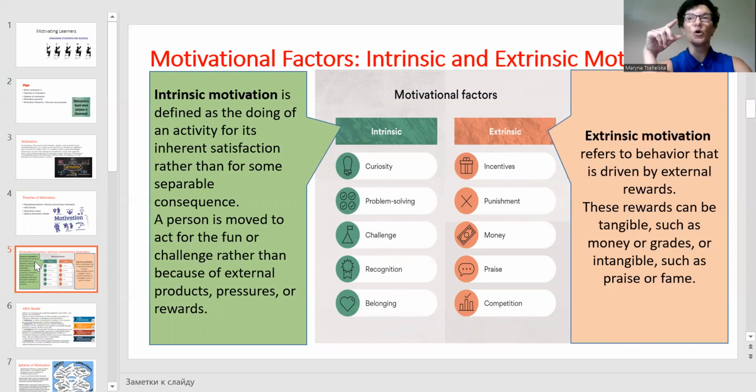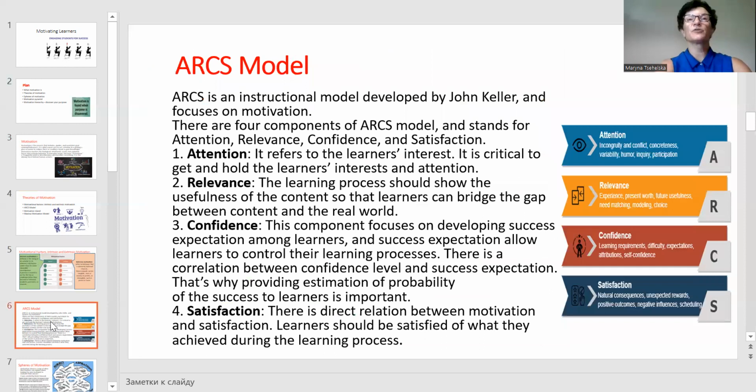So our goal as teachers is to bring our students to the level of intrinsic motivation, when they are driven by new knowledge, by their curiosity, by problem solving, by challenge, and also by recognition and belonging. Another important theory for teaching English is the ARCS model, which was developed by John Keller.